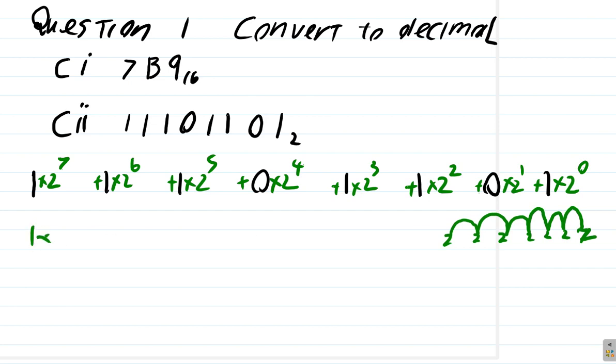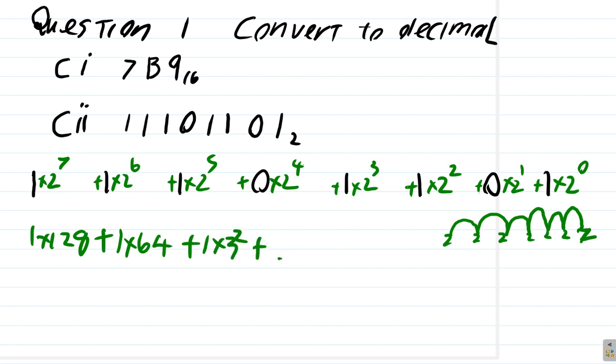So this is 1 times 128 plus 2 to the 6. When you work it out, you'll find that it is 64. So it's 1 by 64 plus 2 to the 5th now is 32. So it's 1 by 32.